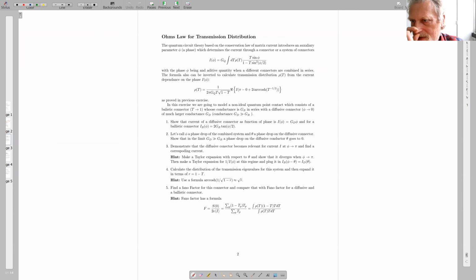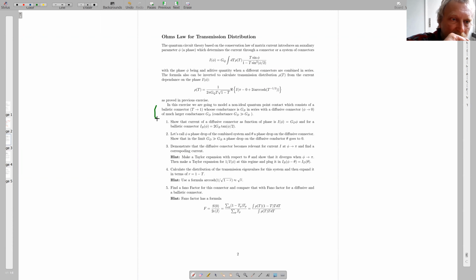I thought there was a figure in this problem, but anyway, let's make a figure. Eventually, one has to look here. And we compute the transmission distribution for a particular system, for a particular nanostructure.